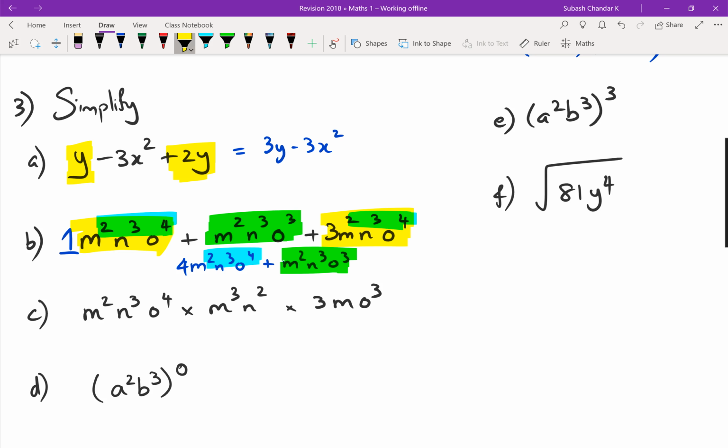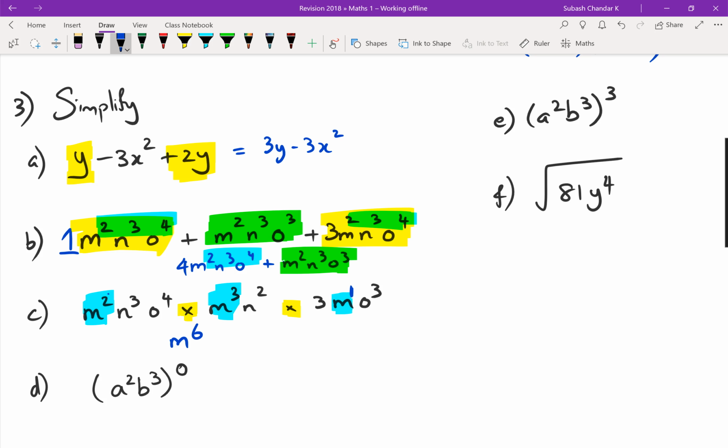The reason is because of this multiplication symbol. It's not being added, it's being multiplied. So if it's being multiplied, first thing is I've got m squared, I've got m cubed, and then I've got m by itself. So altogether, I've actually got 6m to the power of 6, because it's 2 plus 3 plus that 1 that's there in that corner.